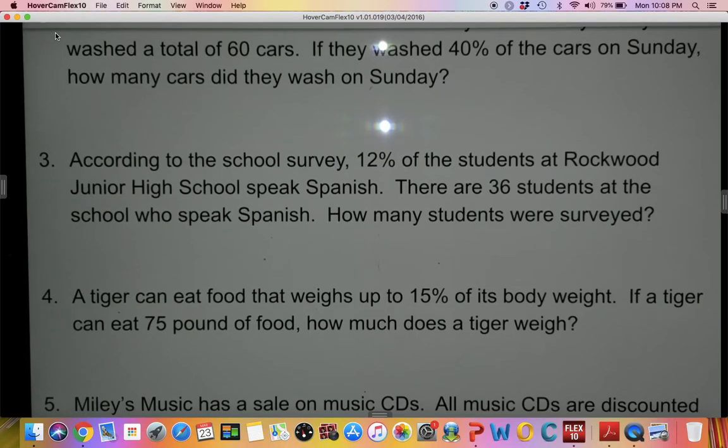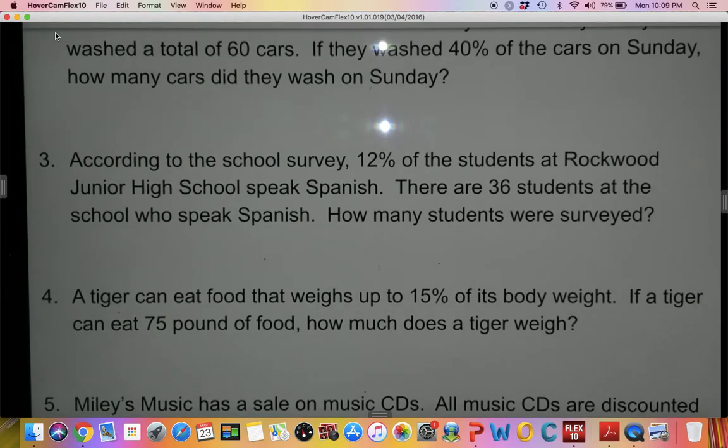If a tiger can eat 75 pounds of food, how much does a tiger weigh? So think about part and whole. Again, look for quantities. A tiger can eat food that weighs up to 15% of its body weight. That's a lot. If a tiger can eat 75 pounds of food, how much does a tiger weigh?